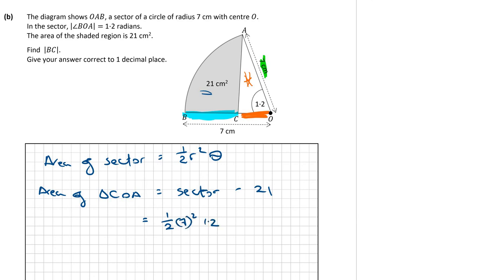And we've just taken that from the tables, and that's going to be minus 21. So our total area is half of 49 times 1.2, which is 29.4, minus 21, which is 8.4. Okay, so I know that this whole area there is 8.4 centimeters squared.